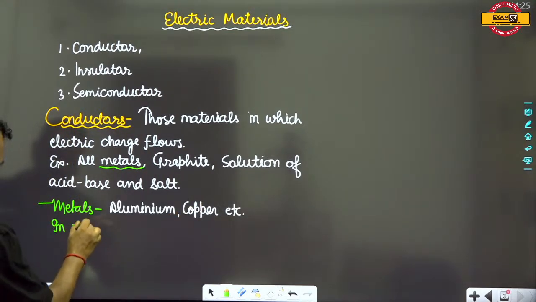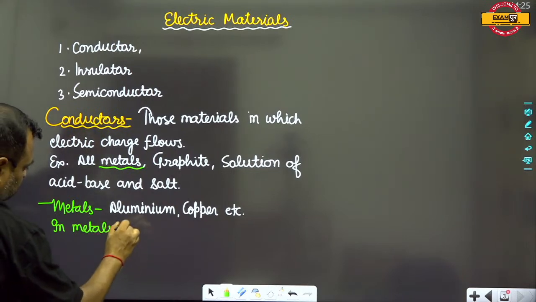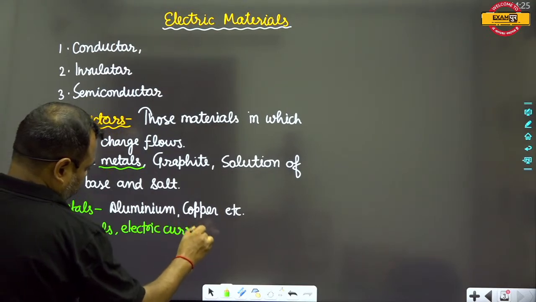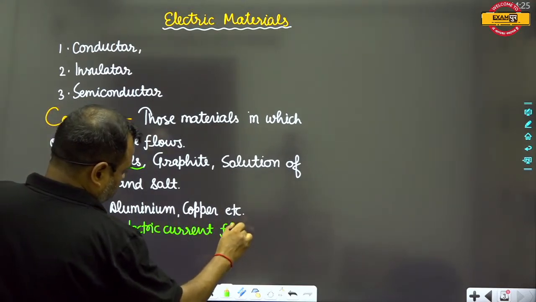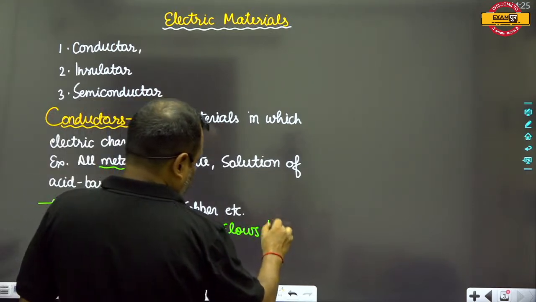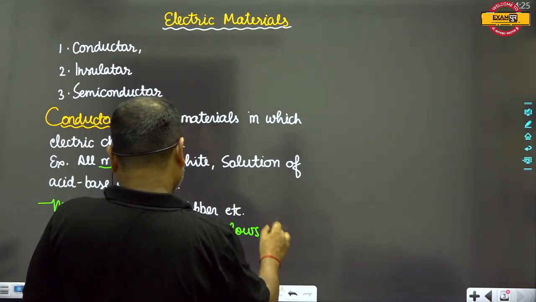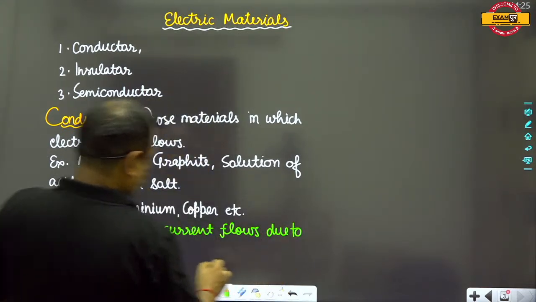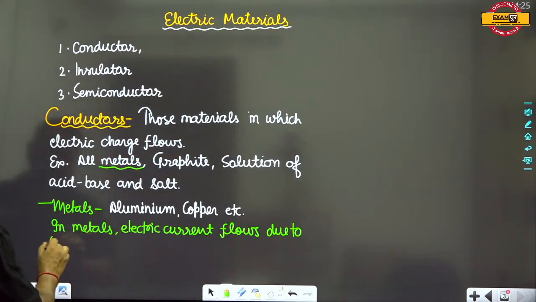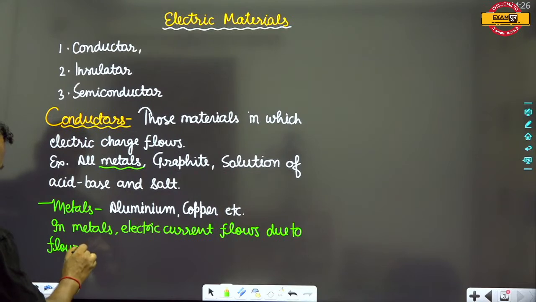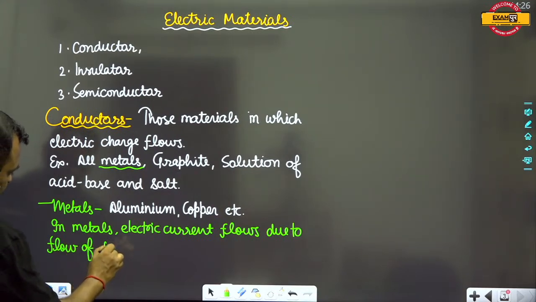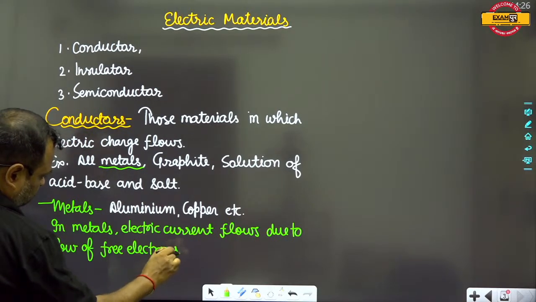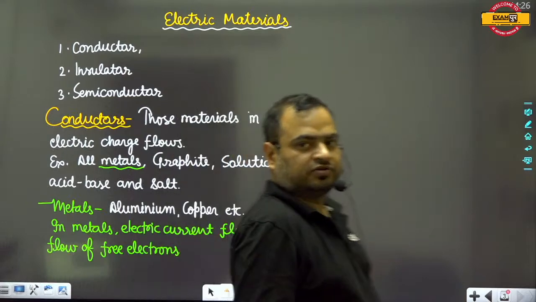In metals, electric current flows due to the flow of free electrons.